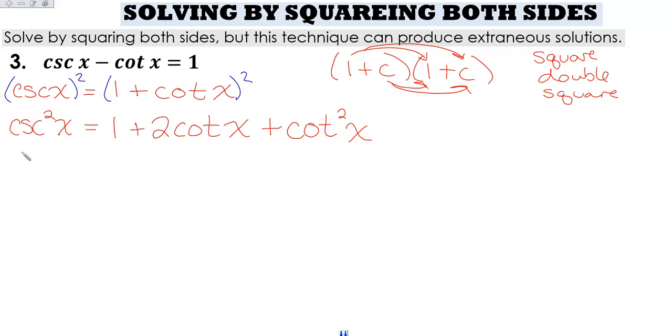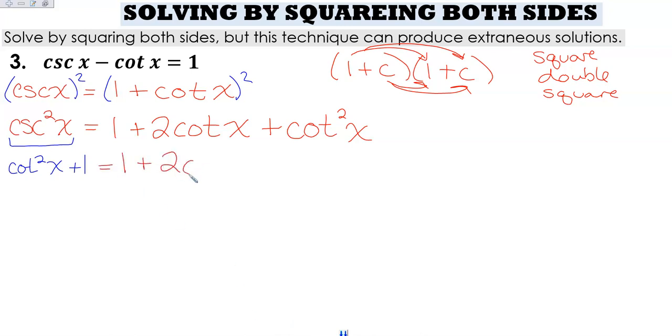Alright, so now we should see that I have cosecant squared over here by itself, which I can replace with my identity so that I have all cotangent. So cosecant squared is cotangent squared plus 1.